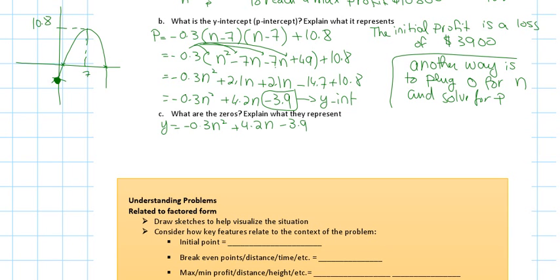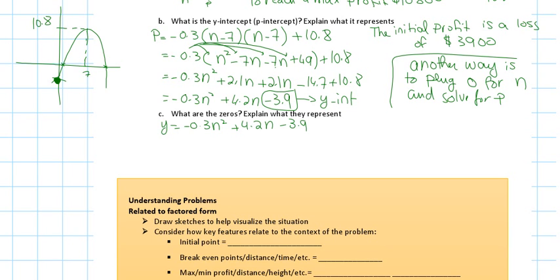Because I have negative 0.3, I'm going to check if negative 0.3 can be divided by each term. Ninety percent or 99.9% of the time, if I give you something like this, it will be divisible. So if you divide 4.2 by 0.3, you're going to get 14.